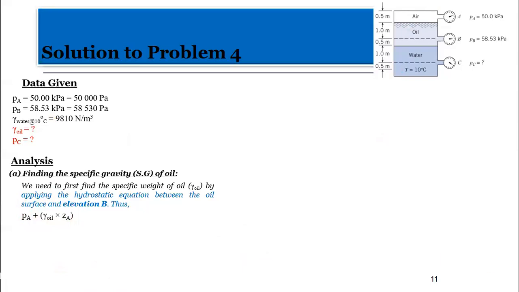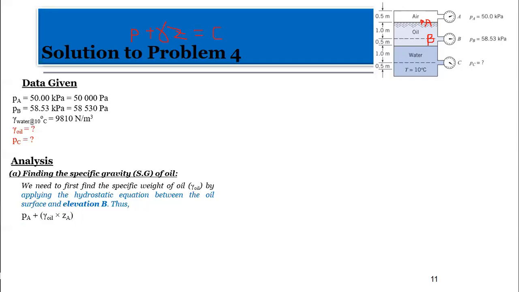Let's call this part A, and this part here is B. So at A, this line here, this is what we are looking for. Remember, we said P plus gamma Z, let's use Z instead of H, equals a constant.